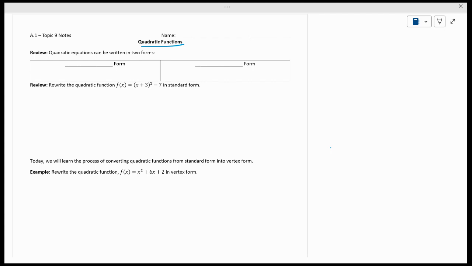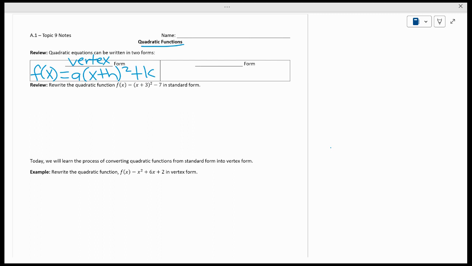So review, quadratic equations can be written in two forms. There's the vertex form, and vertex form looks like this. F of x equals a(x plus h) squared plus k.